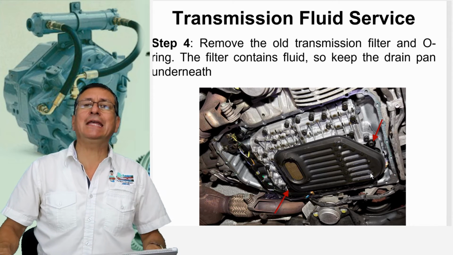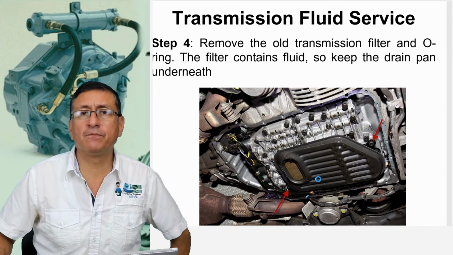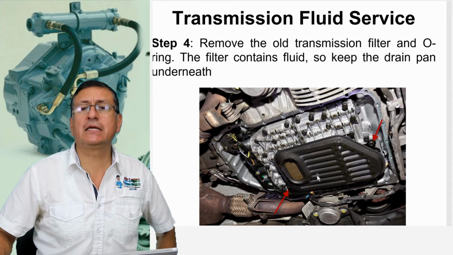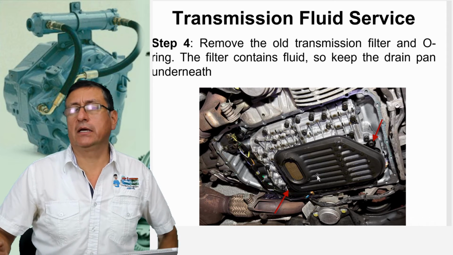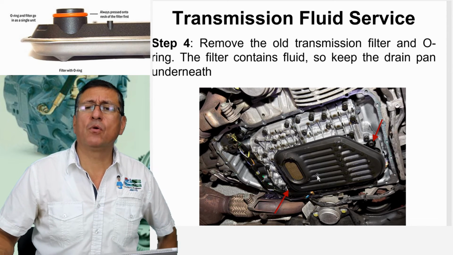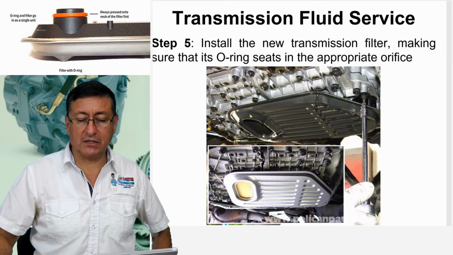When you order the kit to do the service on the transmission, you receive the filter, you receive the gasket, and you receive the oil, and a couple of O-rings. One O-ring is located in the pipe of the filter. Right now I am going to explain what this is.